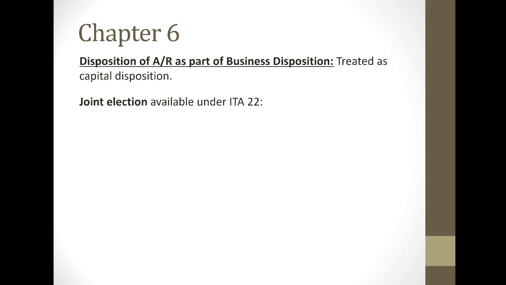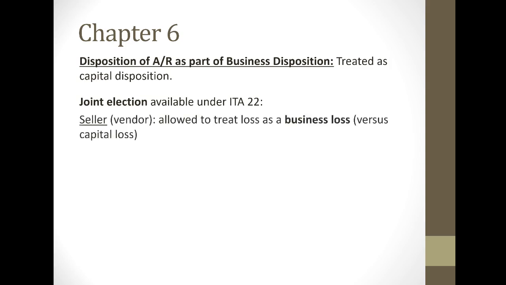Now normally, when the seller sells a capital asset that's treated as a capital loss, only 50% deductible against taxable capital gains. Now this joint election will allow the seller to treat the loss as a business loss, which would be 100% deductible. Now keep in mind this is a joint election, meaning that both the seller and the purchaser have to agree to it.